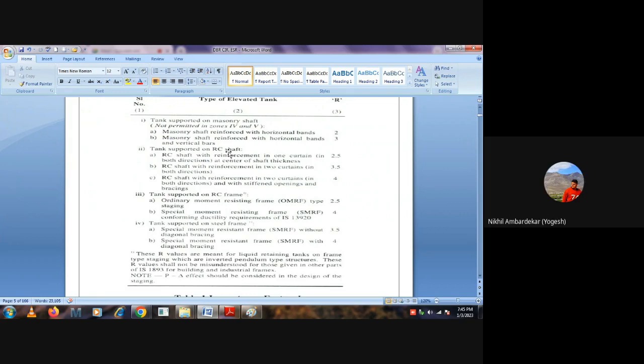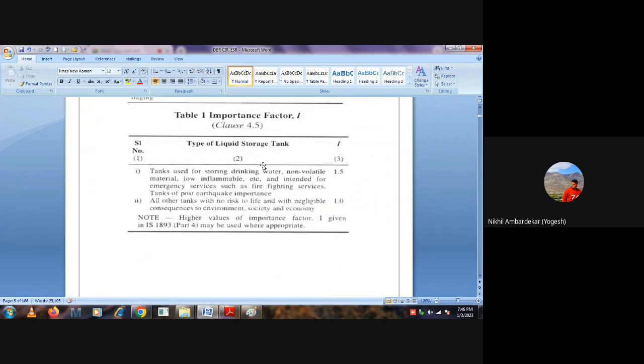So if you technically go to that code, there will be some complicated definition, but on a very crude level, what we are doing is reducing some earthquake force based on our structural framing system. So that is the response reduction factor. Okay, so this is done.